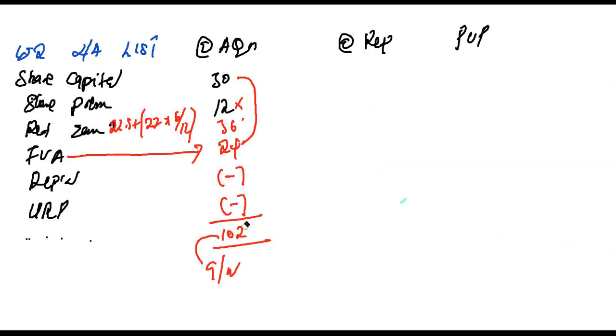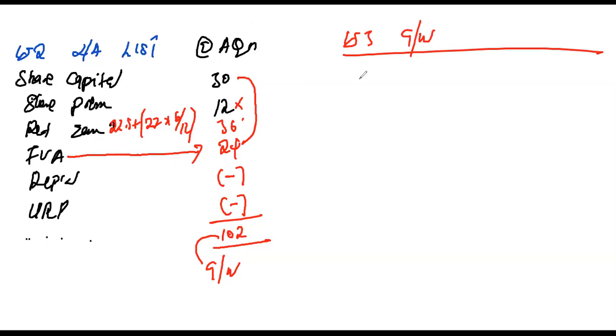So what do we do? Let's do our goodwill. For the purpose of this calculation, let me rub this part here and use it for working number 3, which is simply goodwill. So how do we get our goodwill?